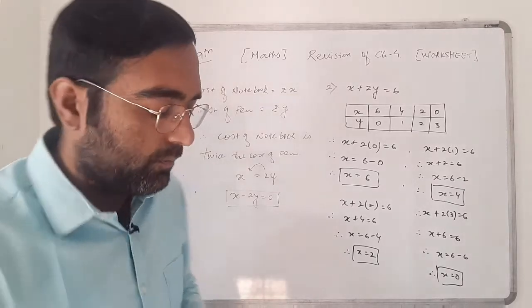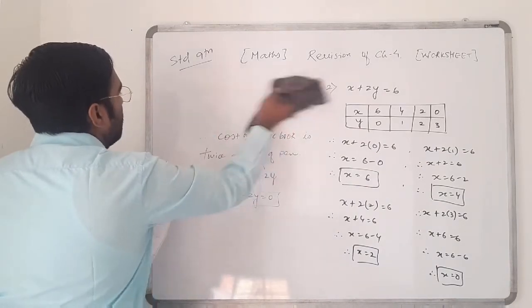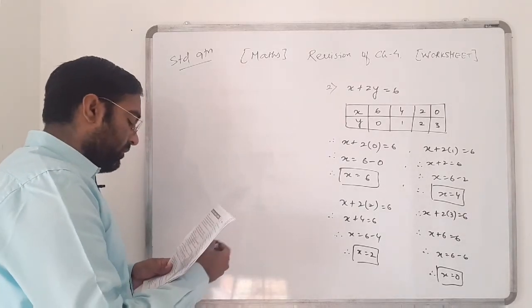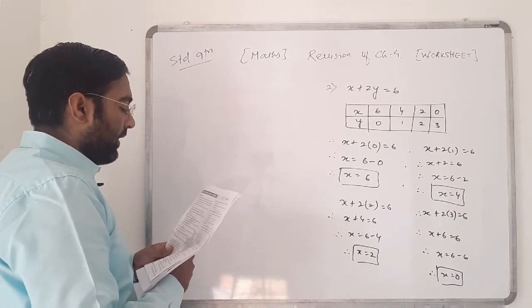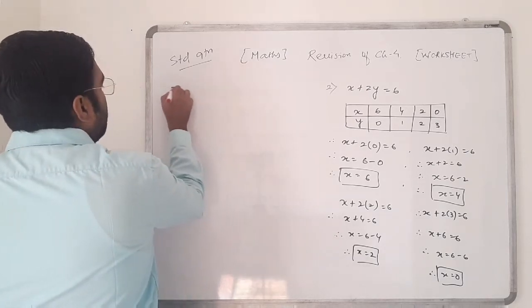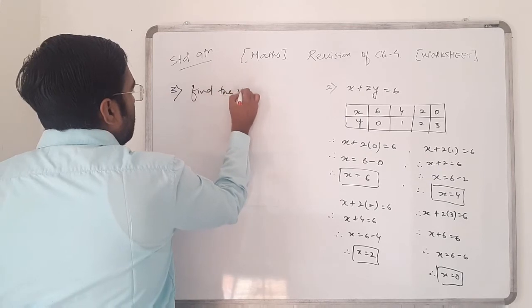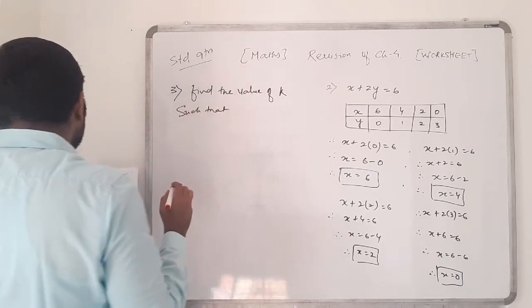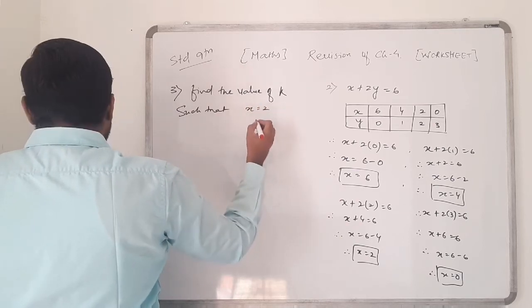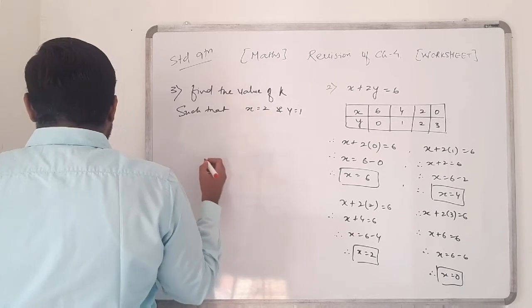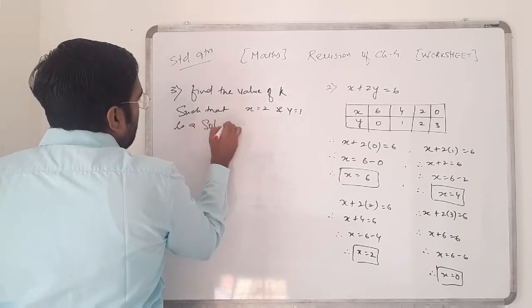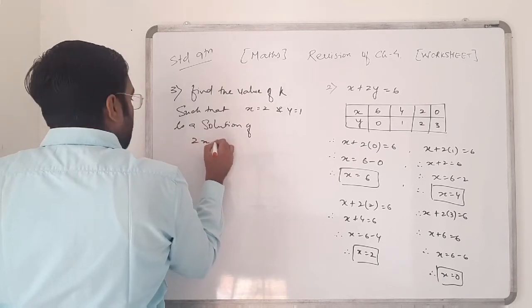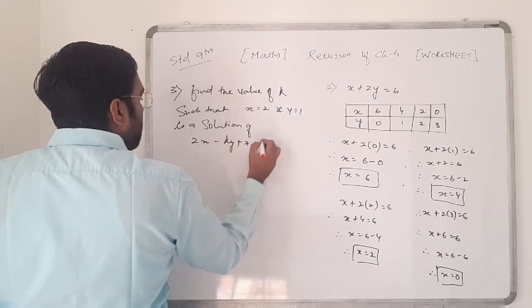Now the third one is: find the value of k such that x equal to 2 and y equal to 1 is a solution of the equation 2x minus ky plus 7 equal to 8.